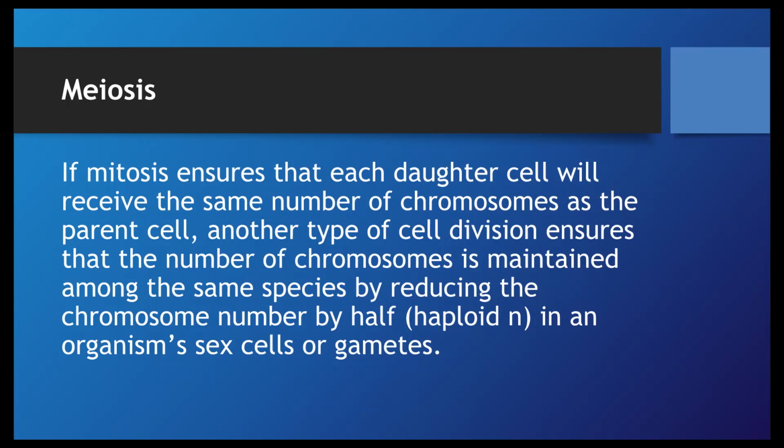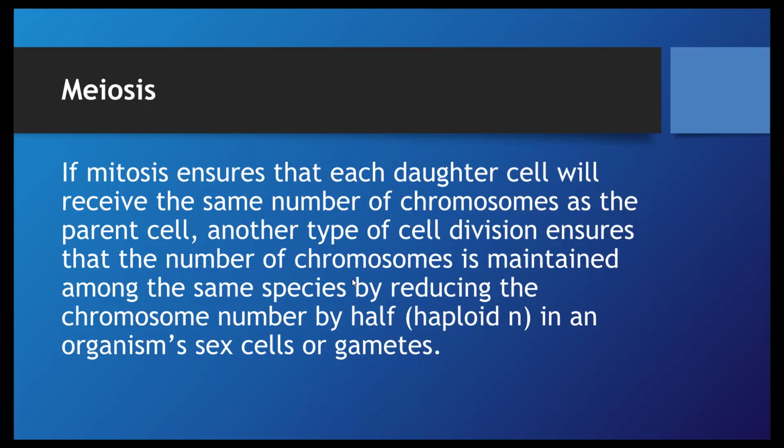If mitosis ensures that the daughter cells will receive the same number of chromosomes as the parent cell, another type of cell division ensures that the number of chromosomes is maintained among species by reducing the chromosome number by half, or haploid, in an organism's sex cells or gametes. This is to ensure the number of chromosomes is maintained.